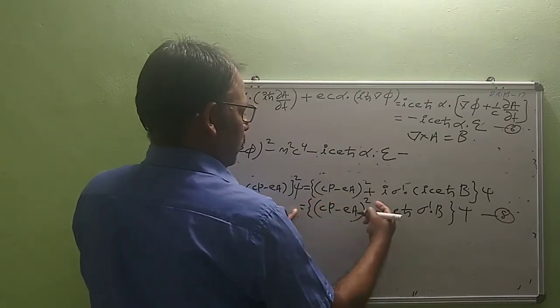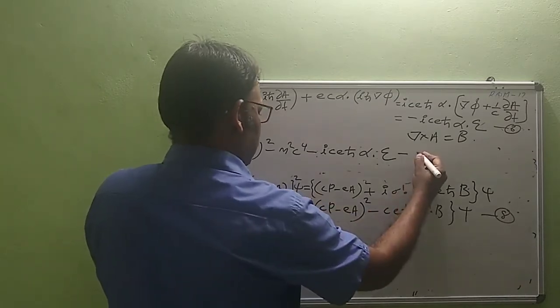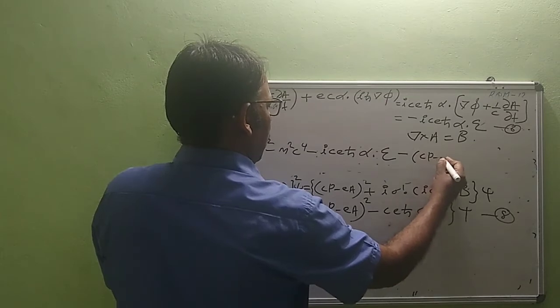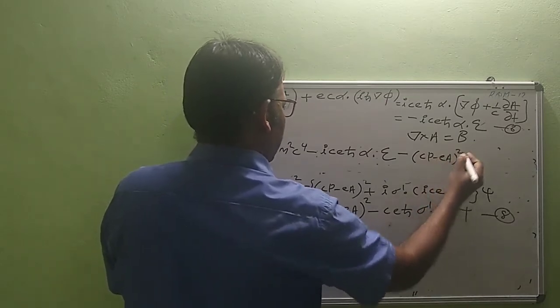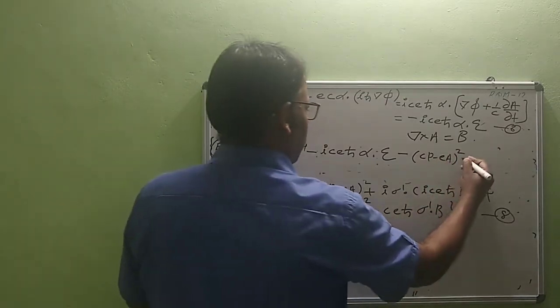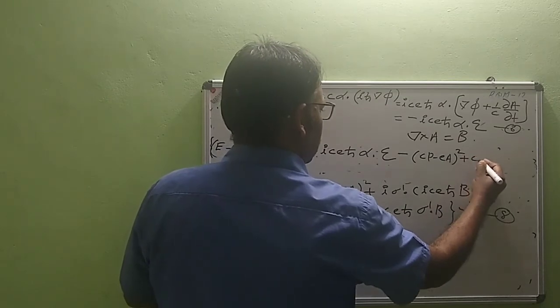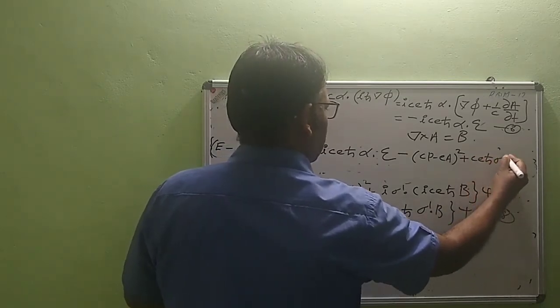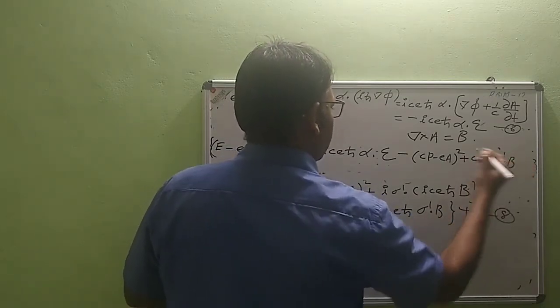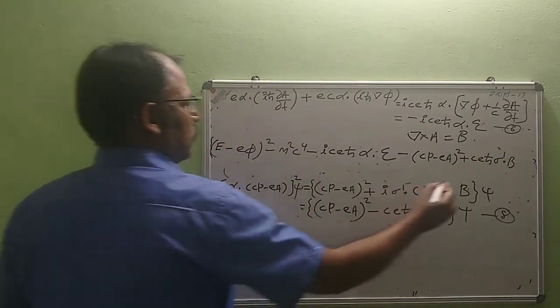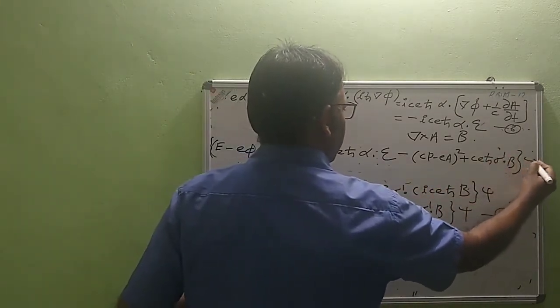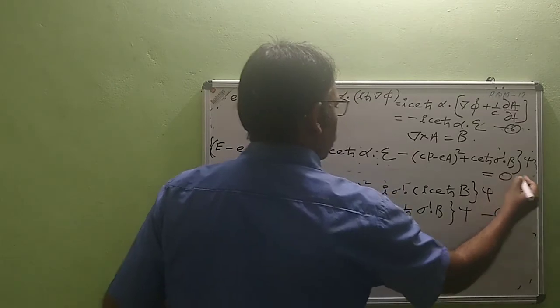So this is minus and this one becomes plus: minus Cp minus Ea the whole square, then plus e h bar sigma prime dot B, the whole thing operating on the wave function psi equal to 0.